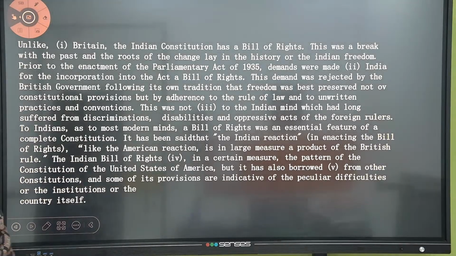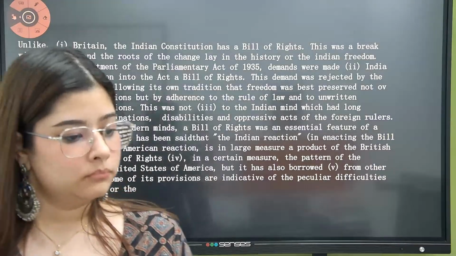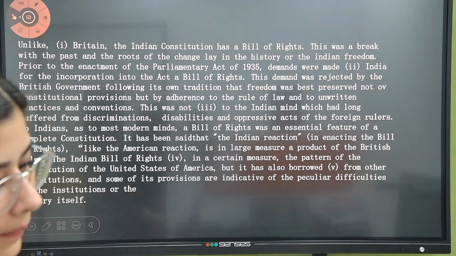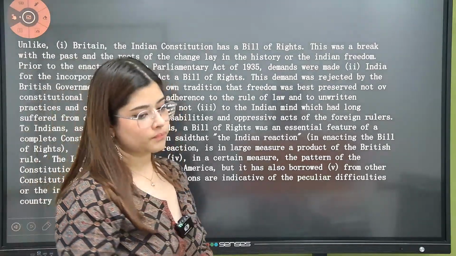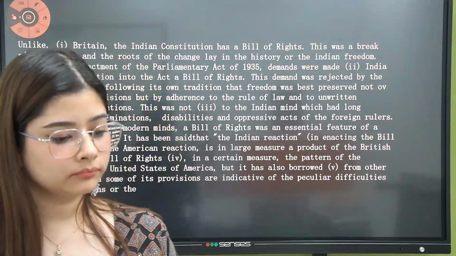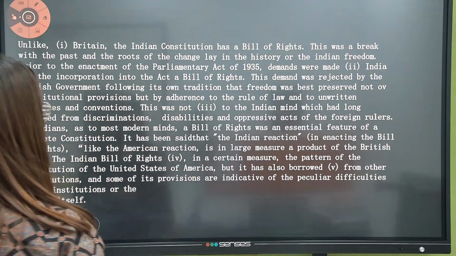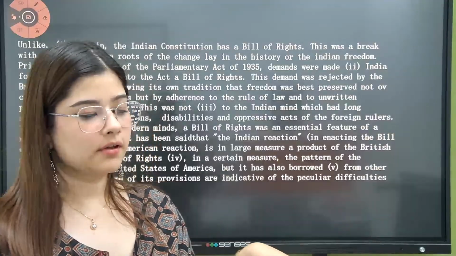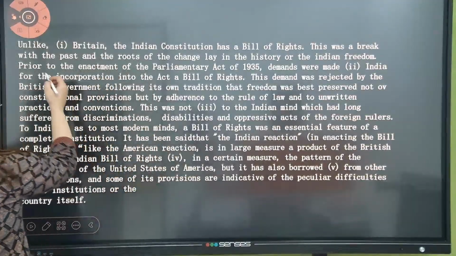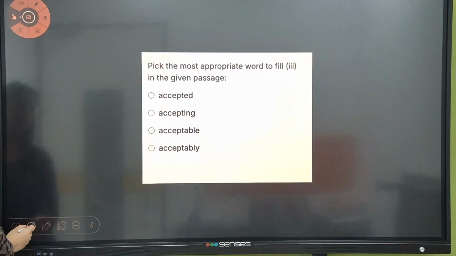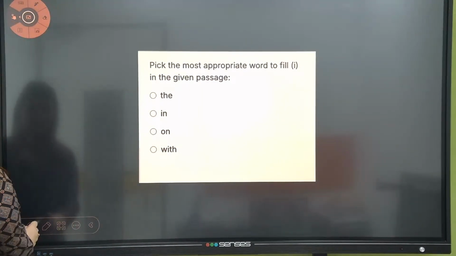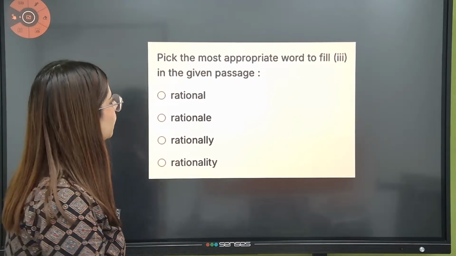A Bill of Rights. Yes. So unlike something that happens in Britain, so unlike in Britain, in would be correct.